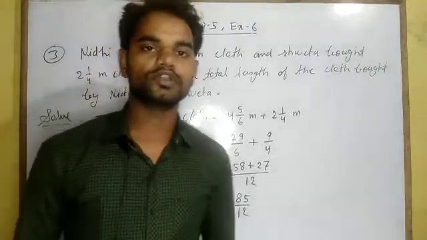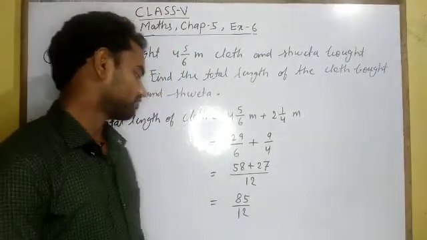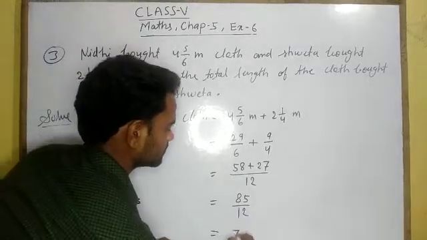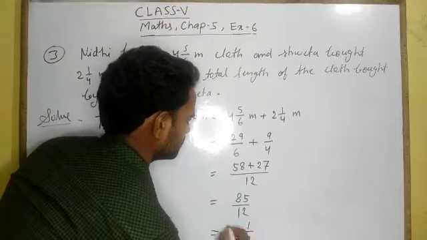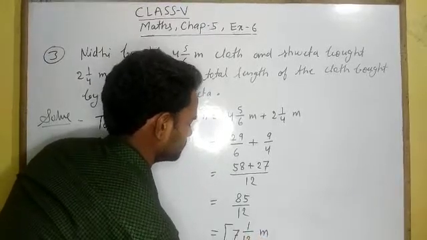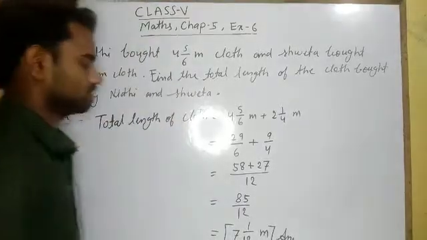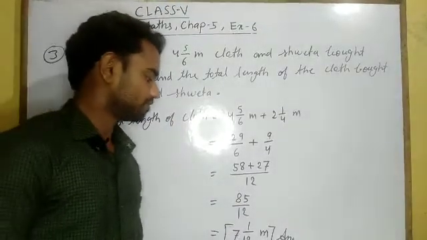This is also an improper fraction, so now convert this improper form into mixed form. 12 times 7 is 84, and 1 is the remainder over 12. So this will be the answer of this question, 7 whole 1/12 meter.